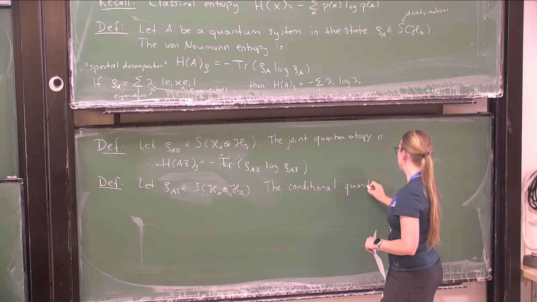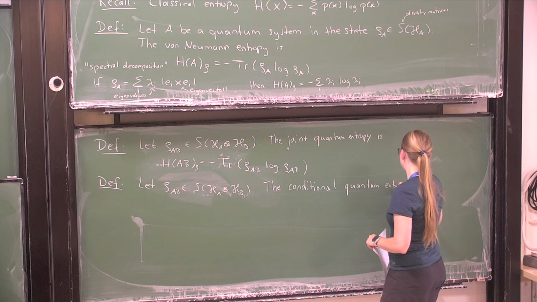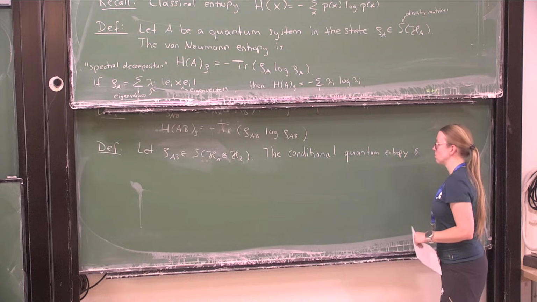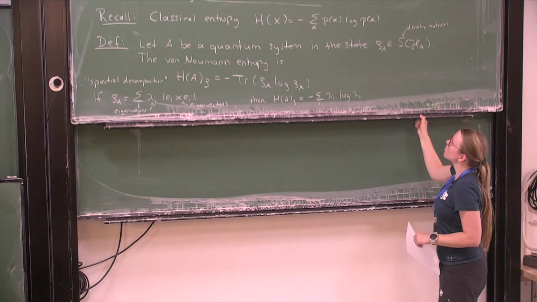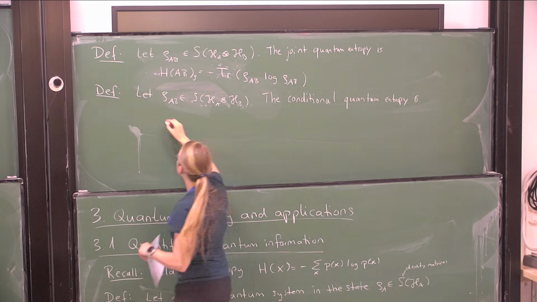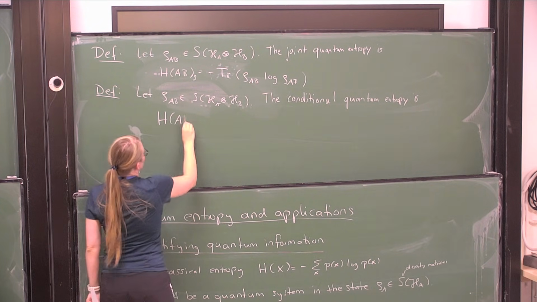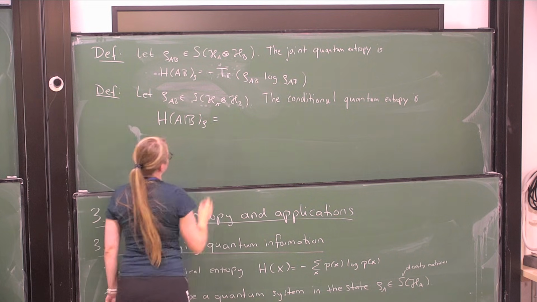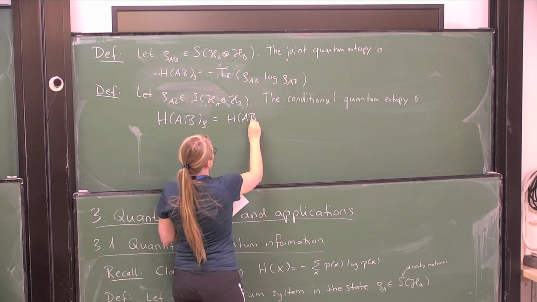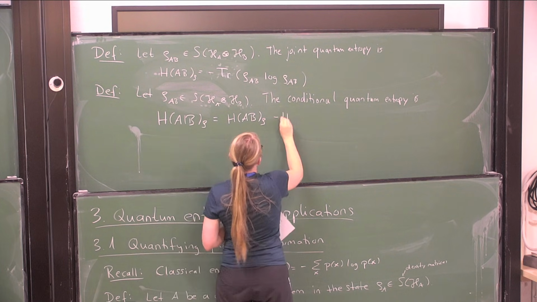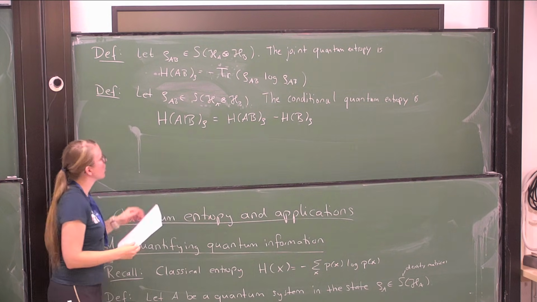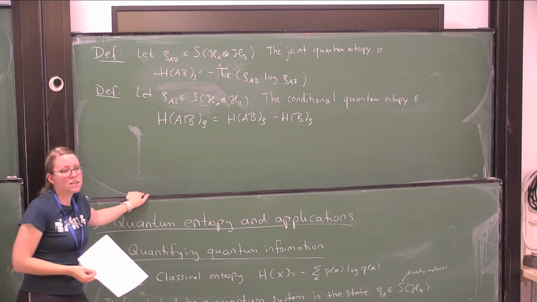The conditional quantum entropy of A given B we define via the joint entropy minus the marginal entropy on B. This formula similarly held also for the classical entropies.